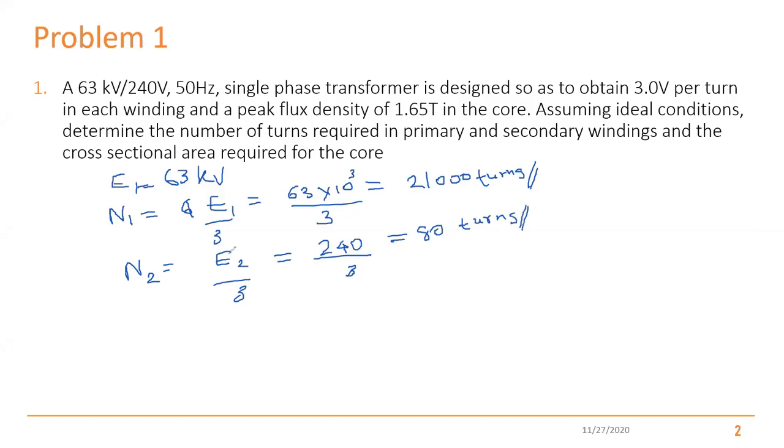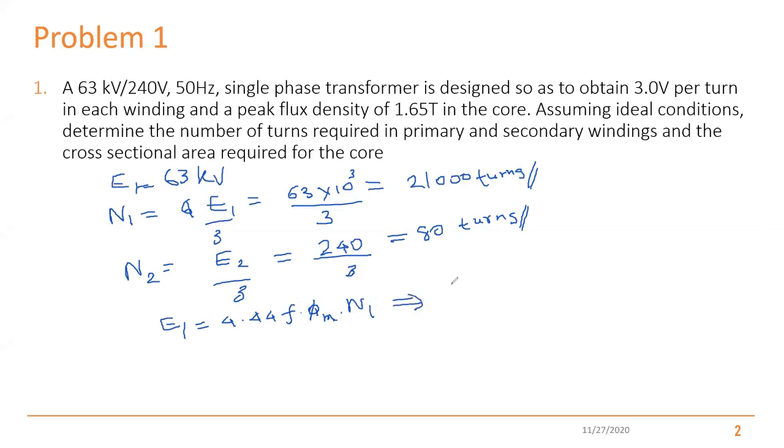Very straightforward. And then you have to find the required cross-sectional area of the core. If you recall this equation, E1 equals 4.44 times frequency times maximum flux times number of turns.